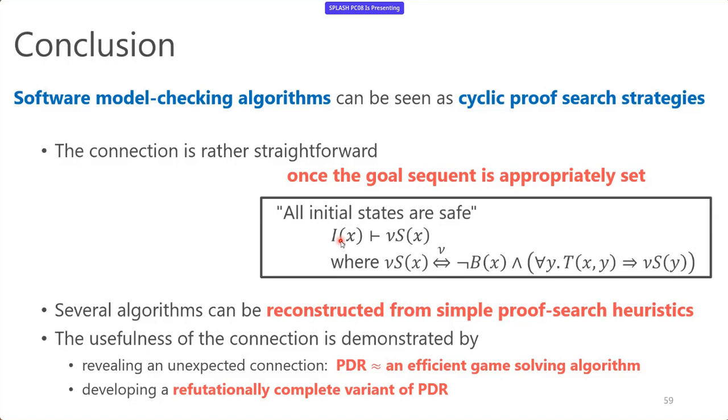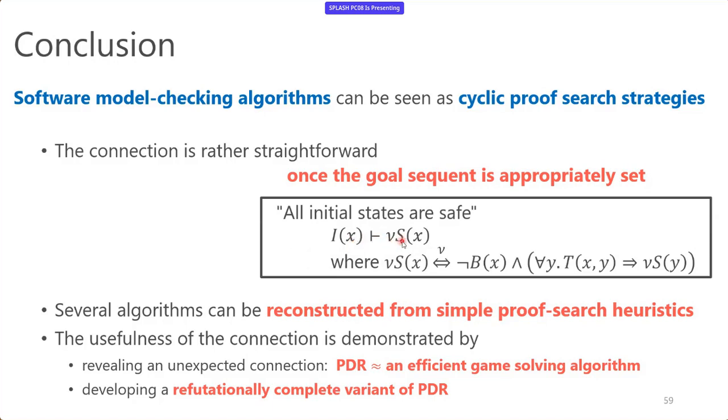Software model checking algorithms are usually only designed for restricted-shape goal sequents like this one. That's why in general cyclic proof search, we cannot directly apply software model checking algorithm heuristics. Yeah, I agree with you.